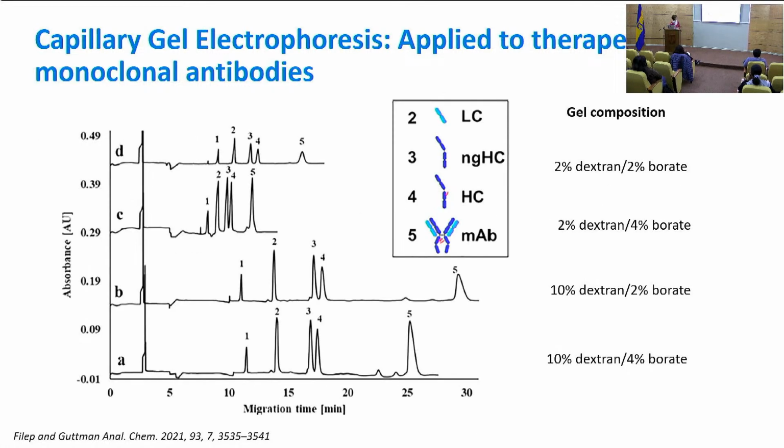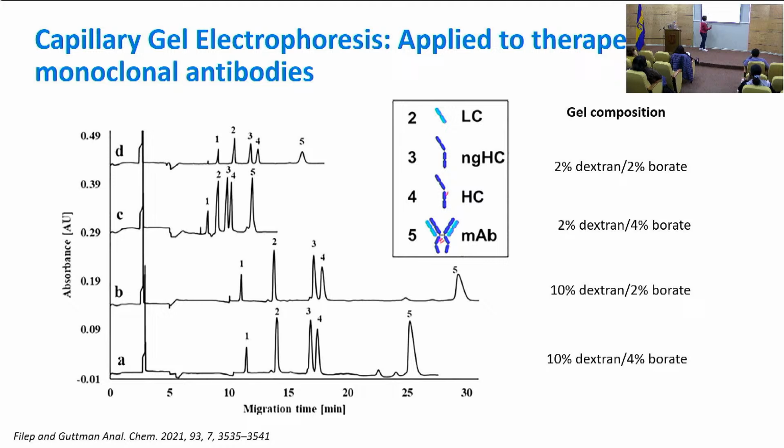And so here they try another type of gel to see the influence on the MAB separation, and you can see that all the species analyzed are here, and they have been able to analyze all the species in the mixture.